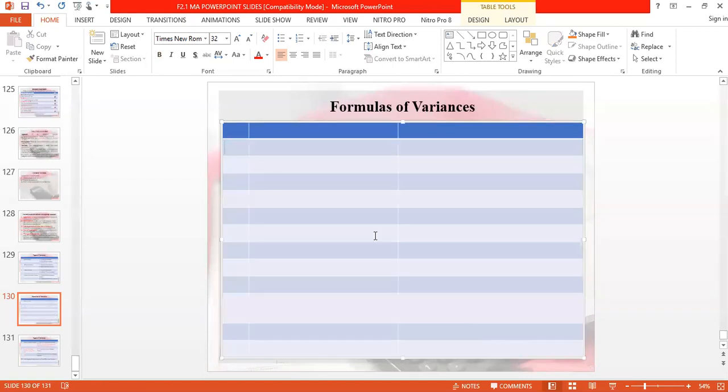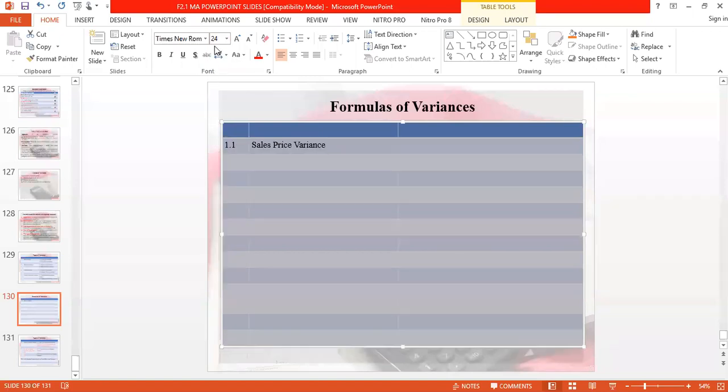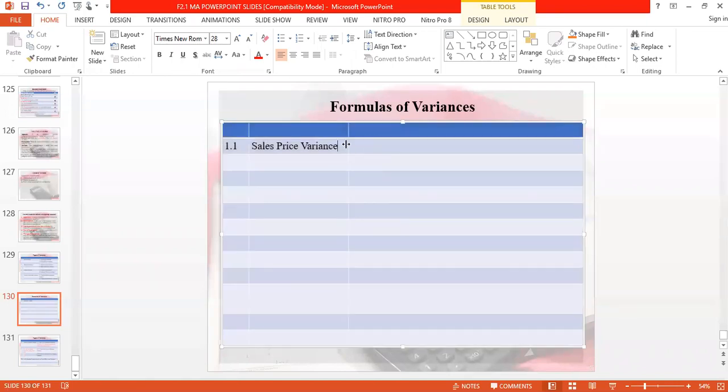So 1.1 was what? Sales price variance. Let me reduce the size, maybe 28. So what is the formula for sales price variance?